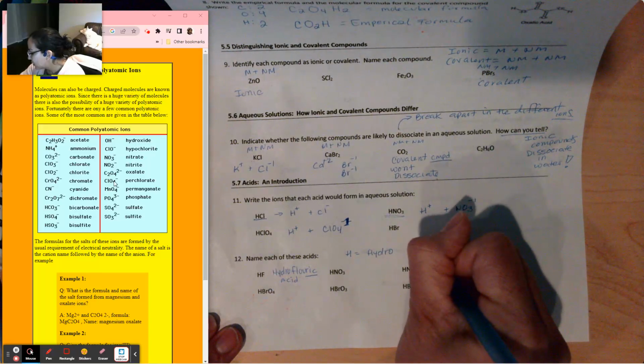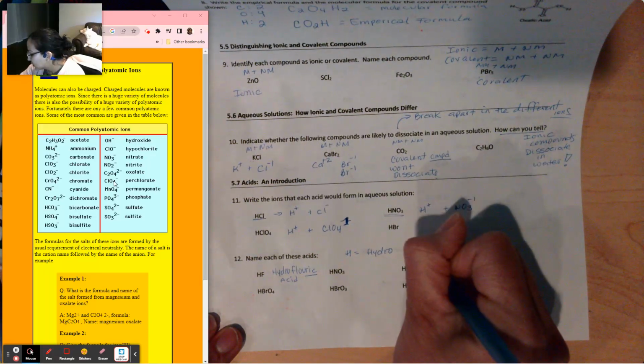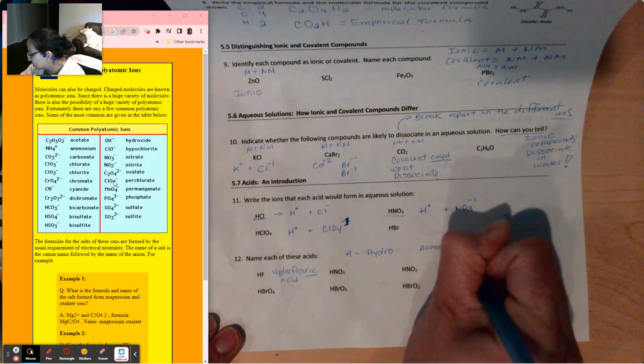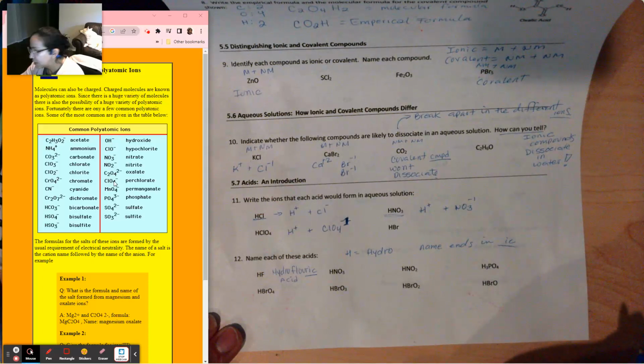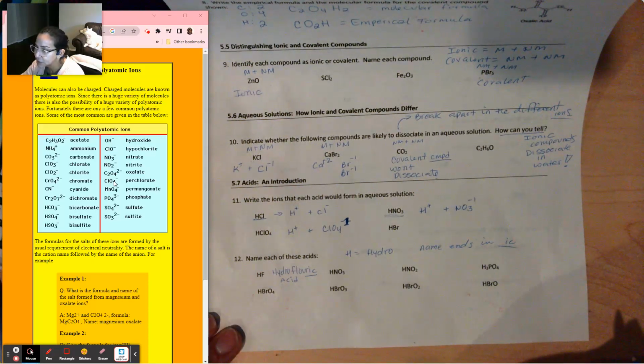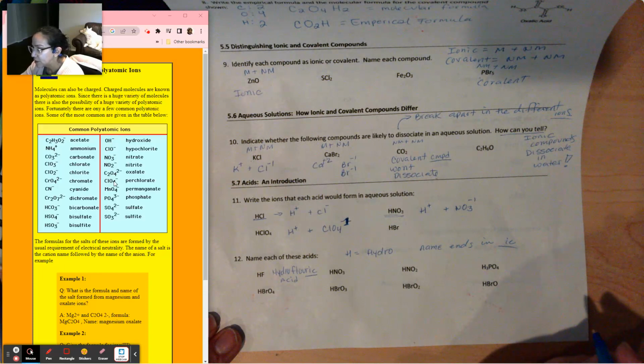Now there are some exceptions to these, like your organic acids, but for most of these, these are your non-organic acids that you're going to be naming. So nitric acid or nitrate acid, those kinds of ones.